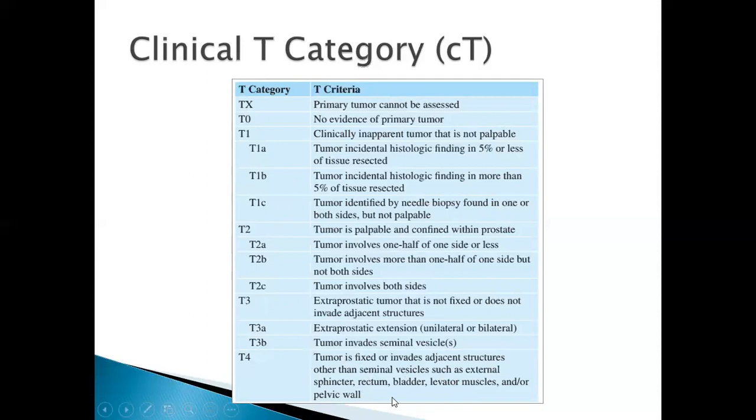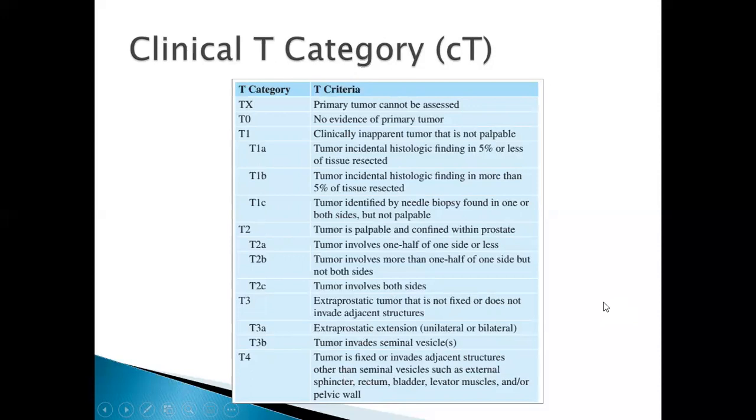So make sure that you pay close attention to those keywords. You might want to underline other than or highlight other than those, okay? Because here, that information would be above that, okay? So that's the clinical T categories.